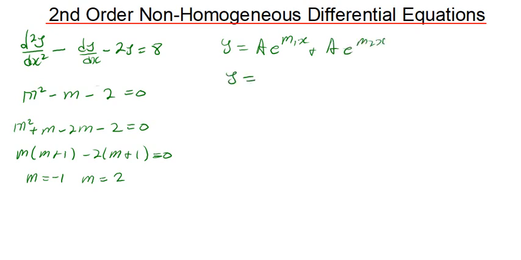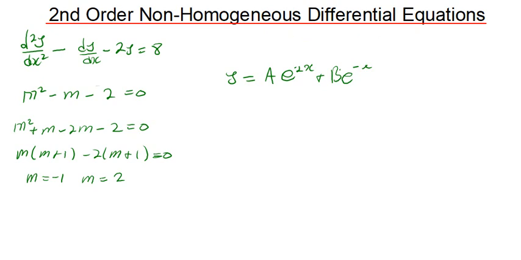In this case, y equals A e to the 2x plus B e to the minus x. This is the complementary function we were talking about in the previous video. So y_cf, the complementary function, equals A e to the 2x plus B e to the minus x.